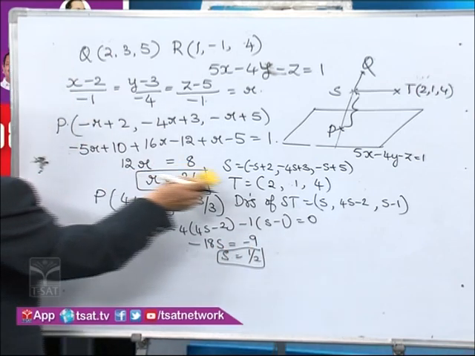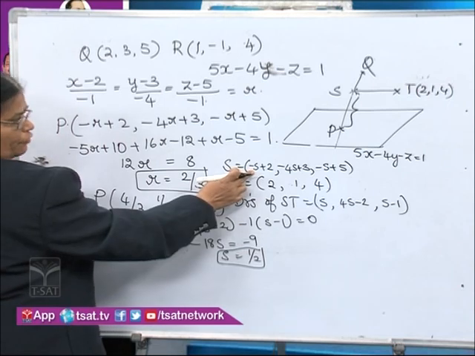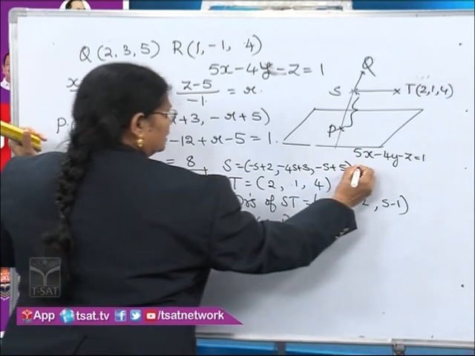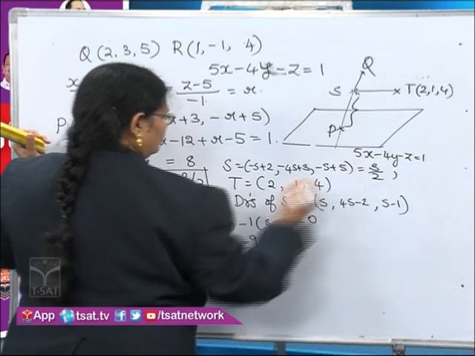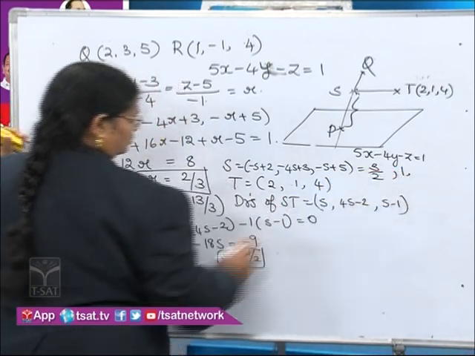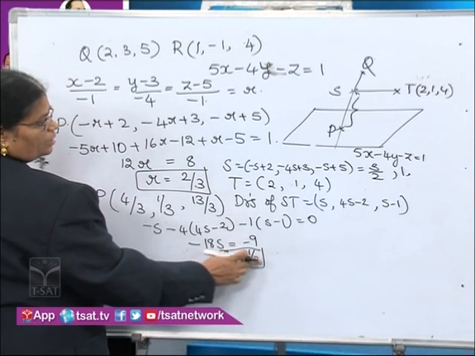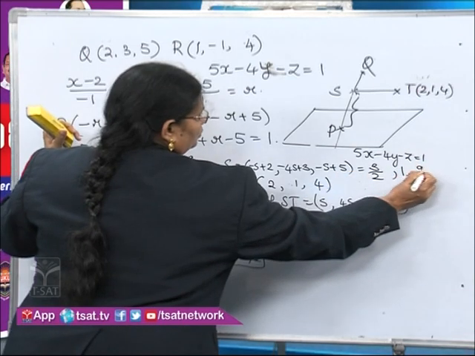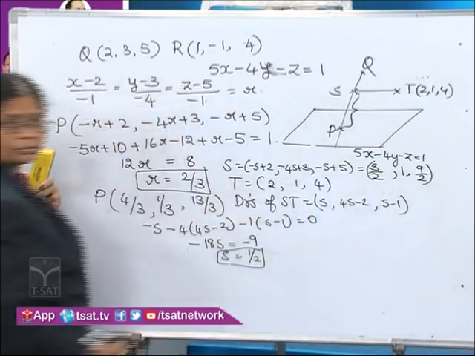So now I will get my S point. If I substitute 1 by 2, this is 3 by 2, minus 2 plus 3, which is 1, and 9 by 2. This is my S point.